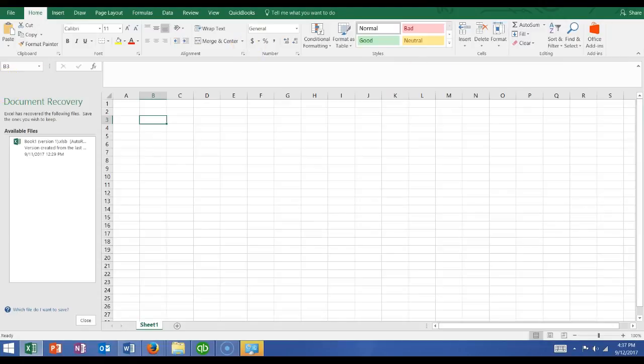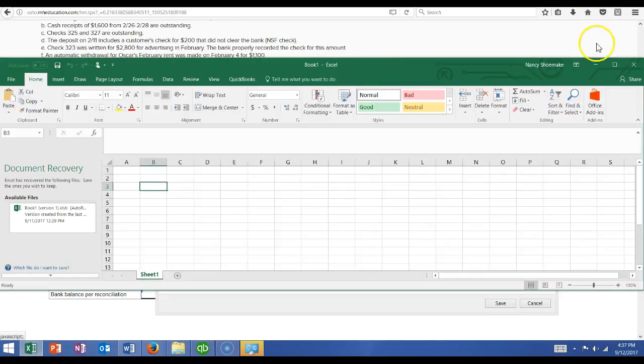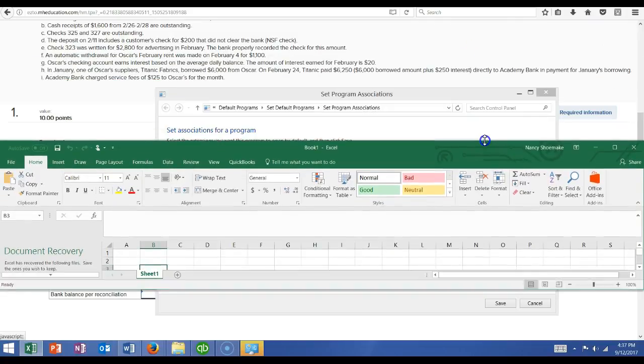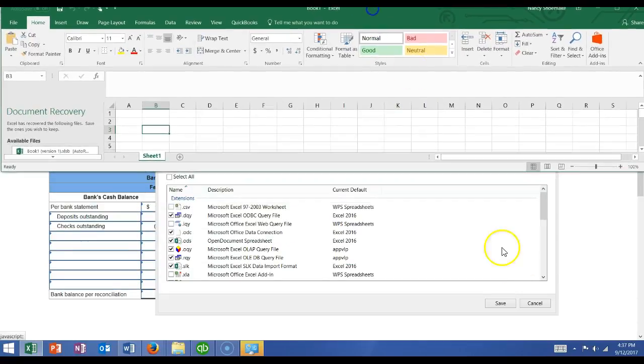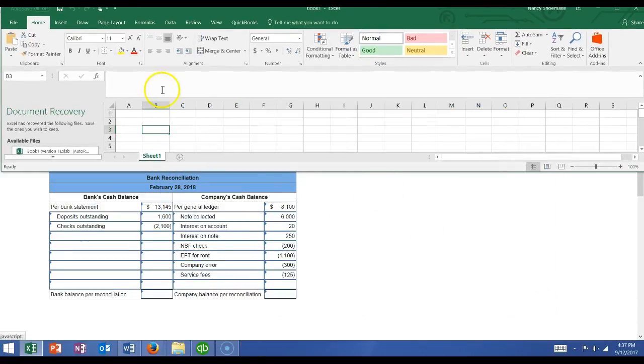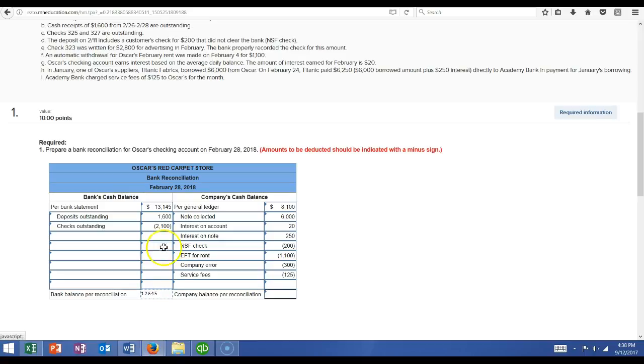Let me try to show the different numbers here, the 13,145, the 1,600, and the minus 2,100 gives us a total of $12,645.